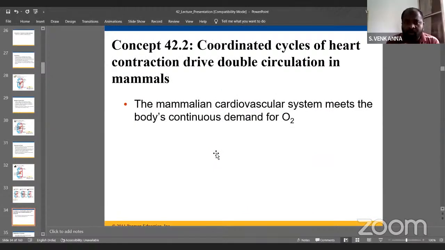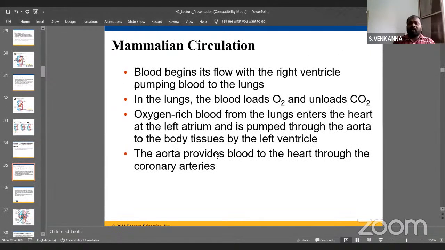The cardiac cycle of the heart contains double circulation in mammals. The mammalian cardiovascular system meets the body's continuous demand for oxygen. Blood flow begins with the right ventricle pumping blood to the lungs. In the lungs, blood loads oxygen and unloads carbon dioxide.